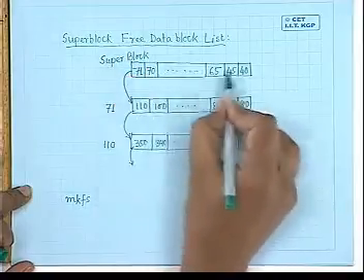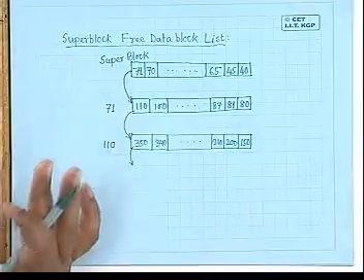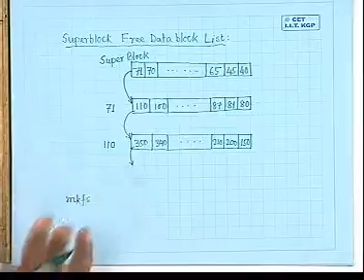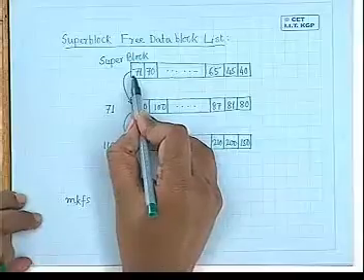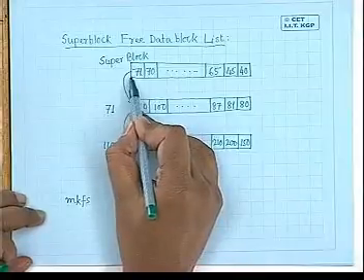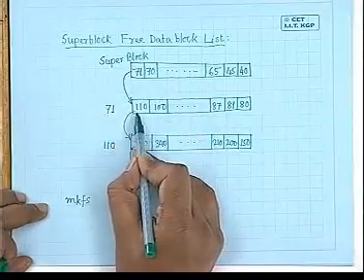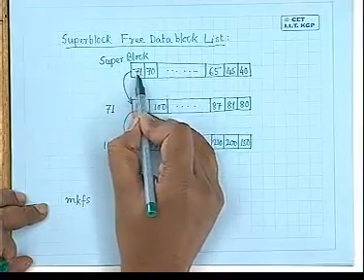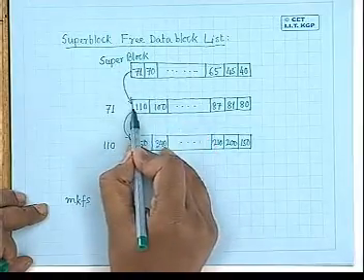This is also a link block. So a block in the super block is also a link block which contains a list of free block numbers. The last entry in this block is a pointer to the data block pointed to by this entry. So here it is 71, so it points to block number 71.